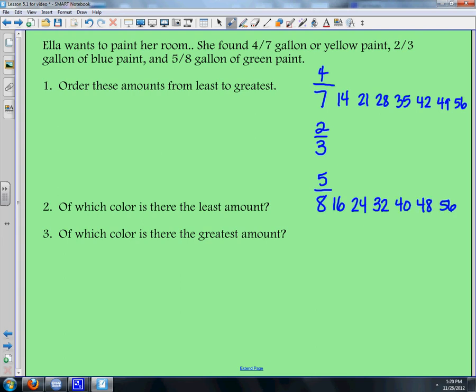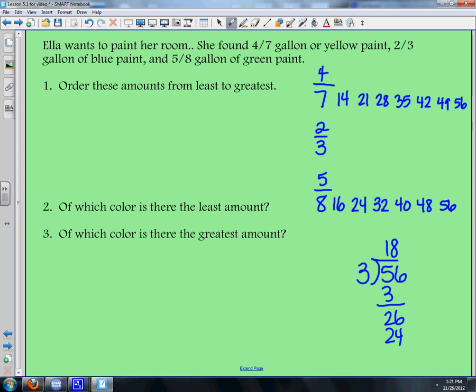And then I want to see if 3 goes into 56. So I just do some quick math. 3 does not go into 56. 3 times 9 is 27, so 3 times 8 is 24. So now I don't have an easy one yet.